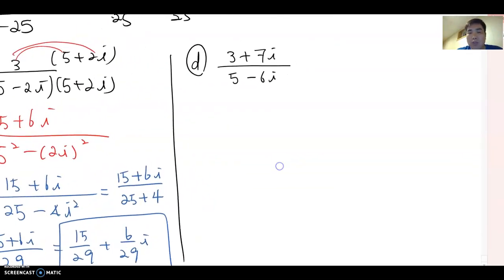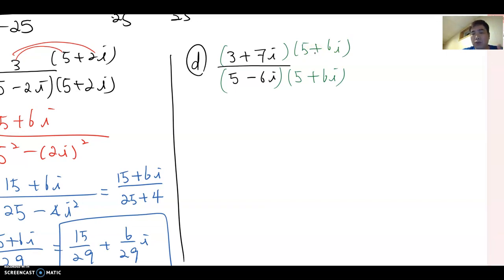Now look at this problem. Both the numerator and denominator have complex form, but we don't care about the numerator. We only care about the denominator and focus on making it rational. Same thing, we multiply by the conjugate. What's the conjugate of 5 minus 6i? Yes, 5 plus 6i is the right conjugate of this expression. So we multiply both the numerator and the denominator, so nothing happened basically, right?